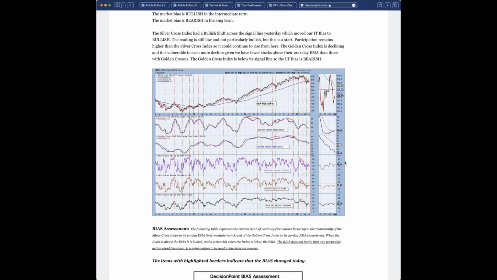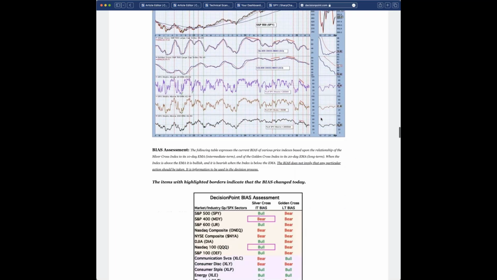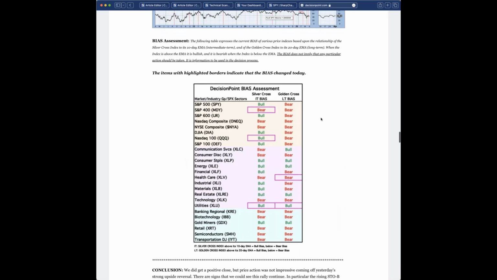The percent of stocks above their 20, 50, and 200-day EMAs are all below our 50% bullish threshold, really not going anywhere fast. This is a problem for the market. These are mediocre readings, and we need to start seeing that participation moving higher, and at this point, it's moving lower.